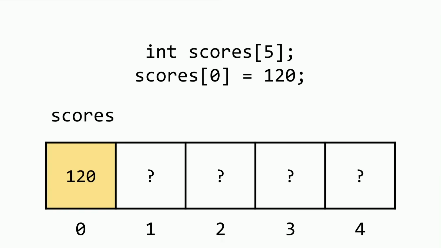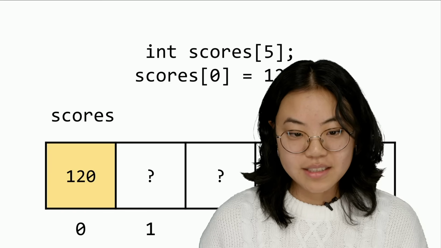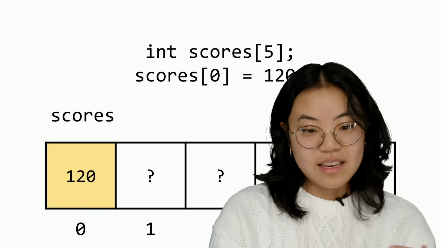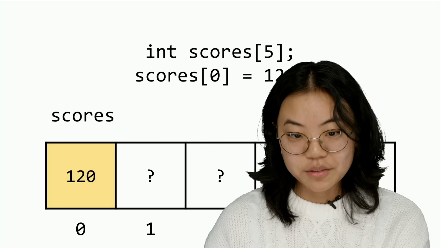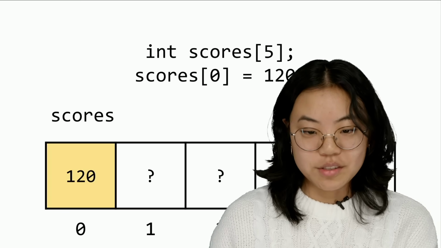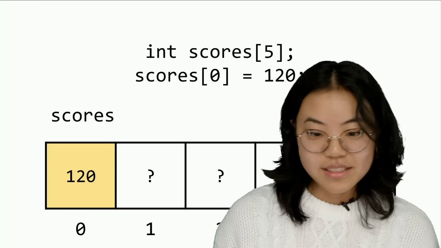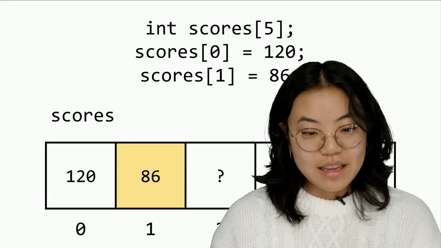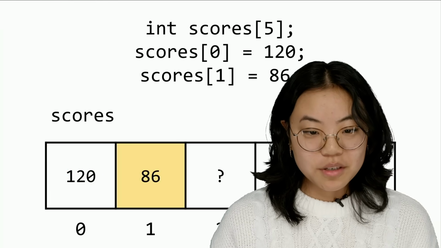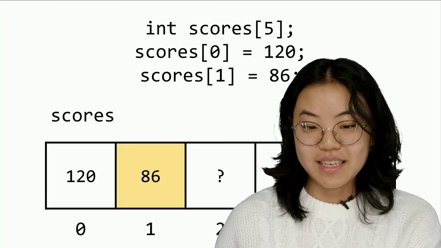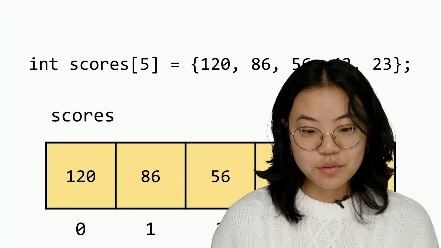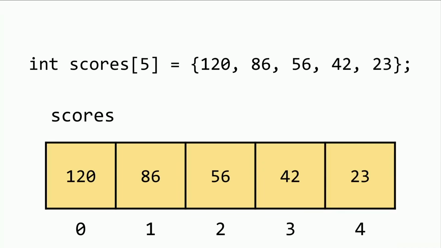So if I wanted to set the first highest score to 120, I would write a line of code like so. That says the name of the array, so scores, at the index of 0, we're going to set that equal to 120. And similarly, if I wanted to update the next highest score, it would be scores at the index of 1 equals 86. So on and so forth, we can fill up our entire array.